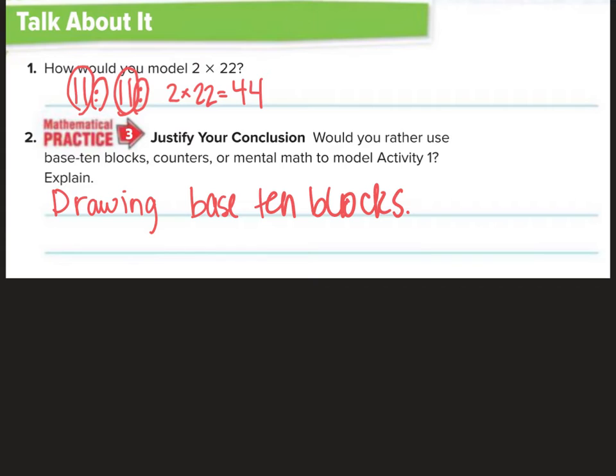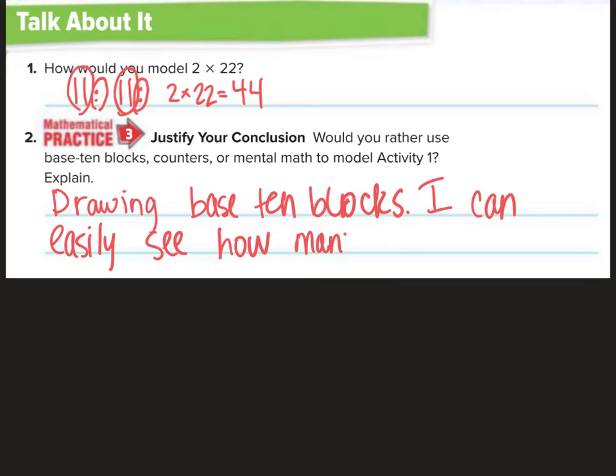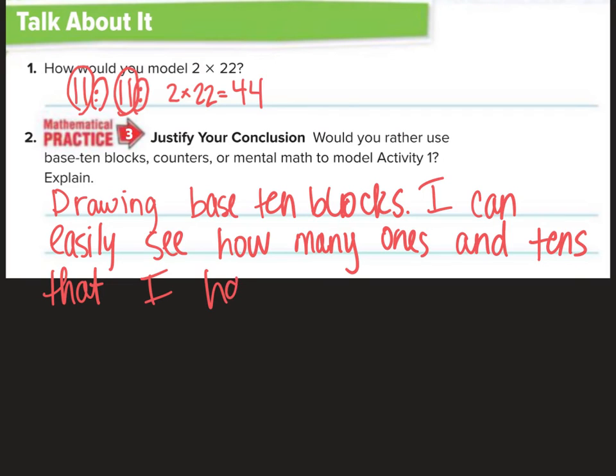I like it because I can easily see how many ones and tens I have. Now, you might have a different opinion, and that's fine. These ones are just saying, hey, what do you like?